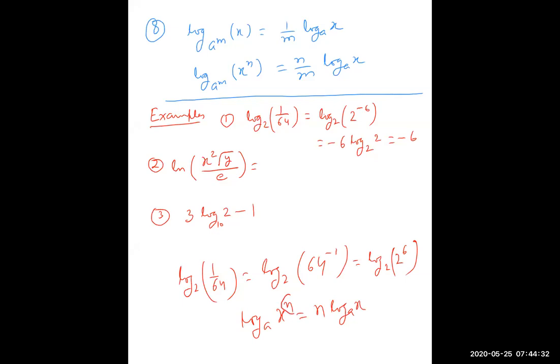So whatever power is there, it comes in the front. So here what power are we having? 6, this minus 6. So minus 6 will come in the front. So minus 6 log_2 2. Then using the property log_a a is always 1, this part will be 1. So it is minus 6.